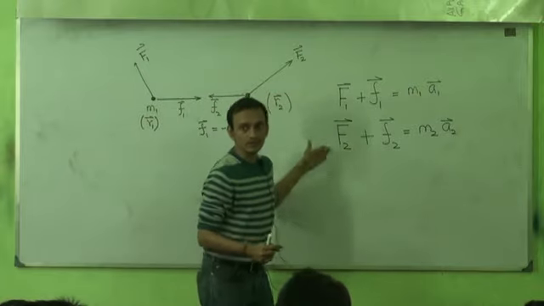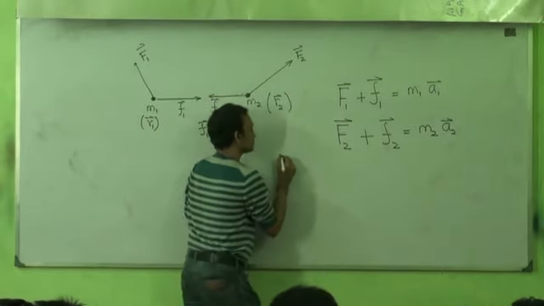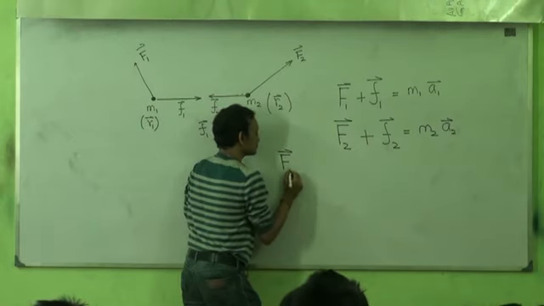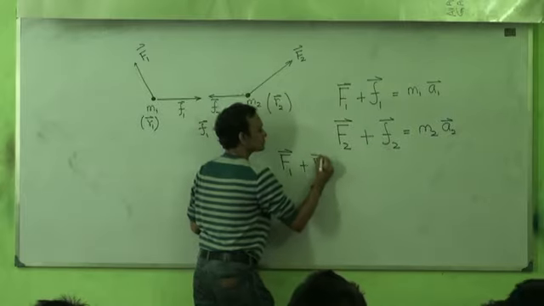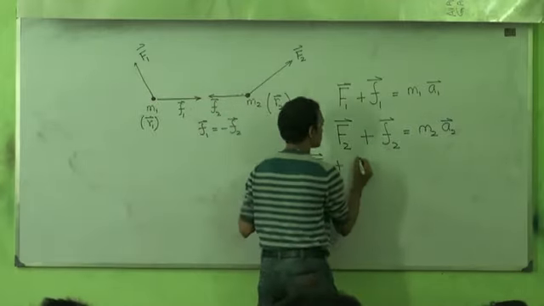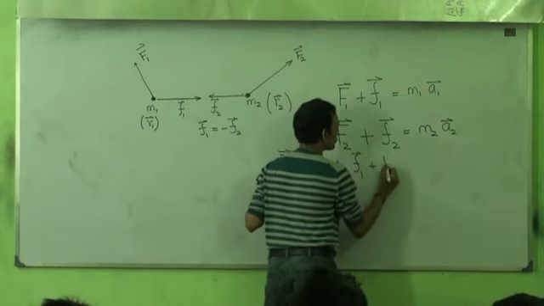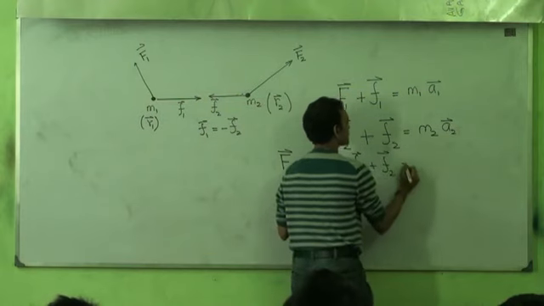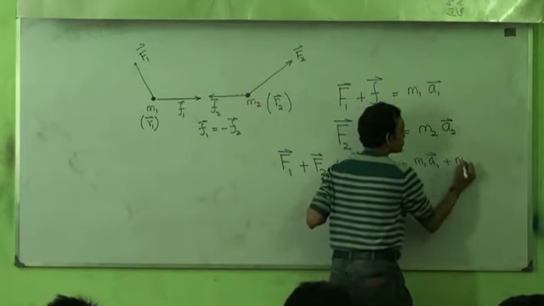Let me add these two. Capital F1 plus capital F2 plus small f1 plus small f2 is M1A1 plus M2A2.